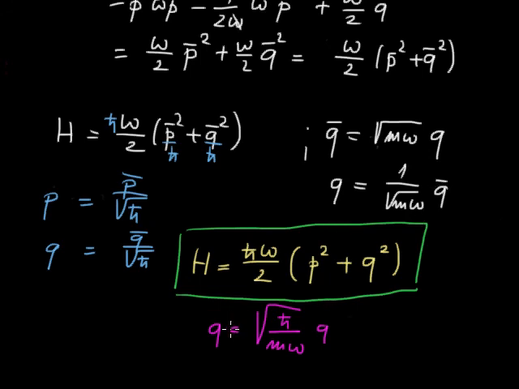So we will go from this, that's a redefinition. I'll put an equal sign here, and you will understand it this way. This is the original Q from which I started, this is the new Q, and the P has a transform which looks somewhat similar, but it has the square root of h bar m omega times P.